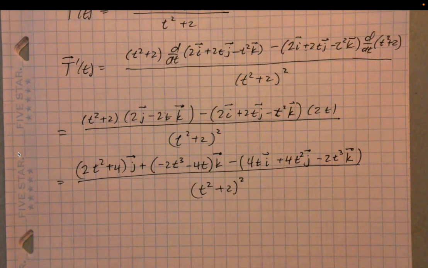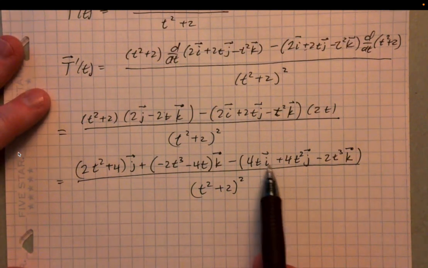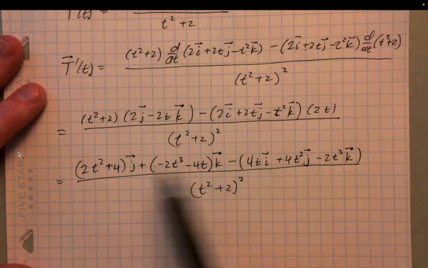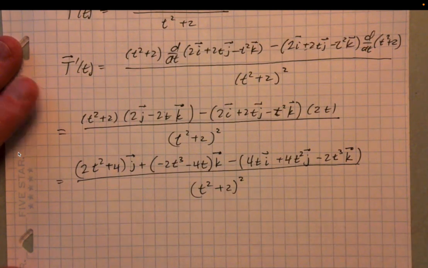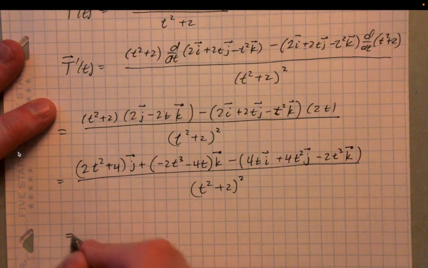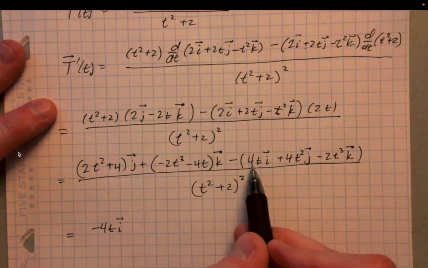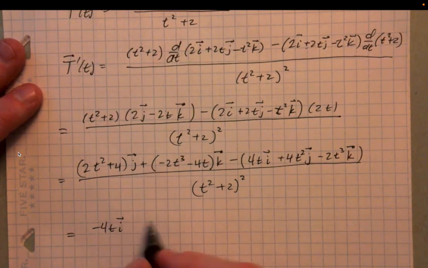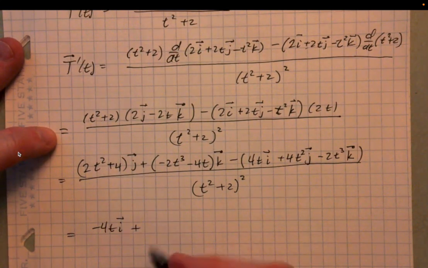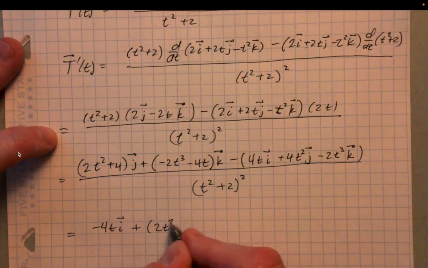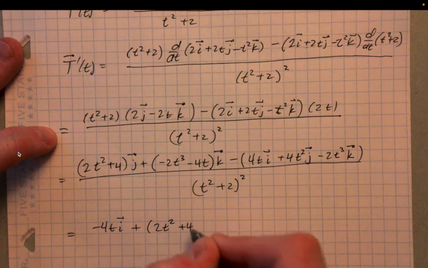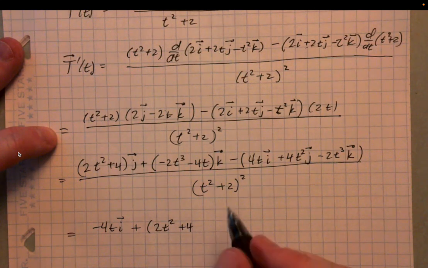Now I can simplify everything down here. Basically I need to combine all of the i components, the j components, and the k components. When I do that, I get negative 4t i, that's right here, there's no other i's. Then the j components, I would get plus, and I'm going to bracket it so that we can keep track of it, 2t squared plus 4 minus 4t squared.